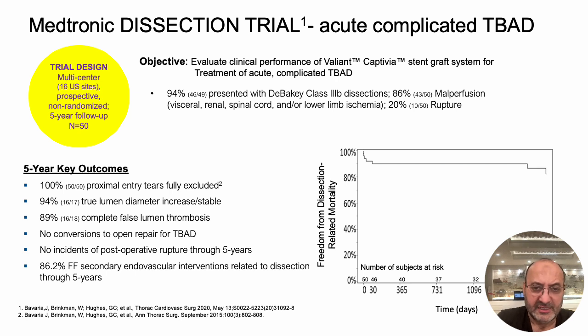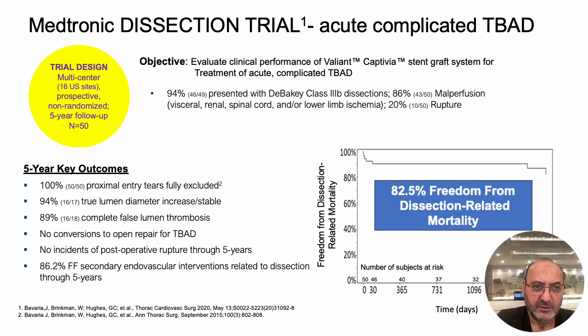Freedom from dissection-related mortality was 82.5%, so 83% in this case. There were acceptable results, and you see that treating these patients with complicated disease, definitely there's merit in treating those patients.